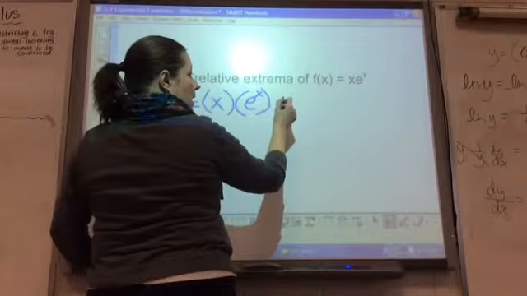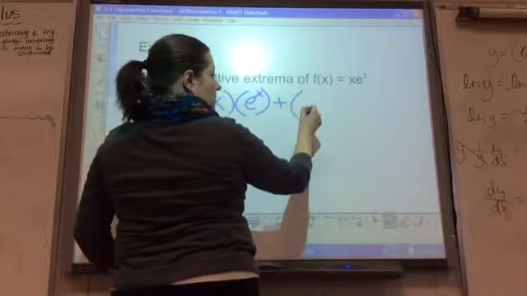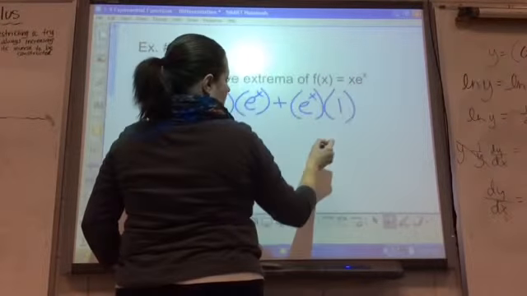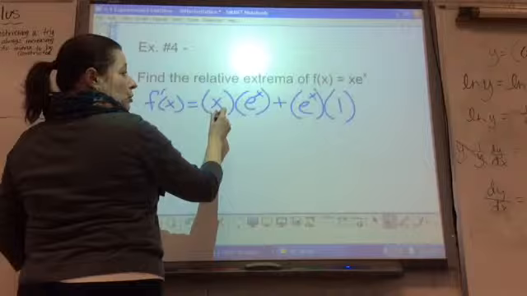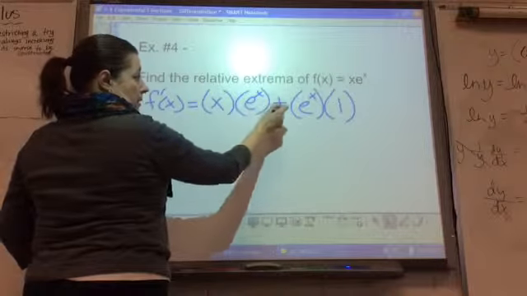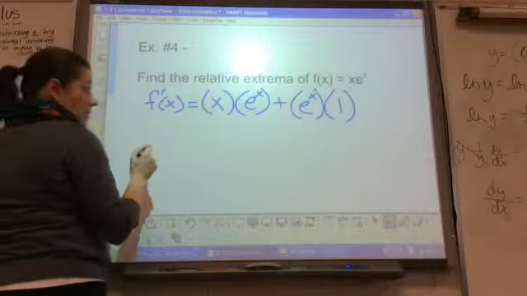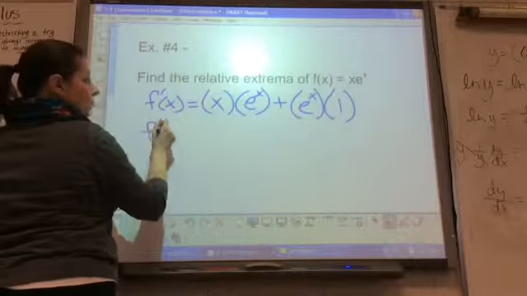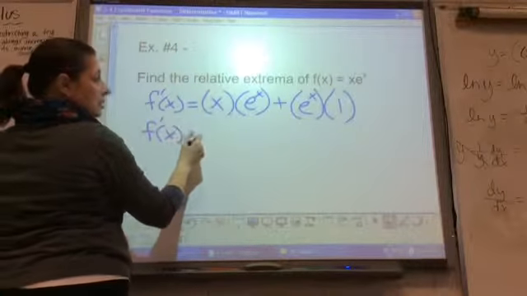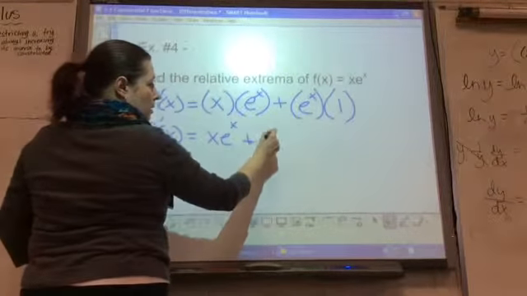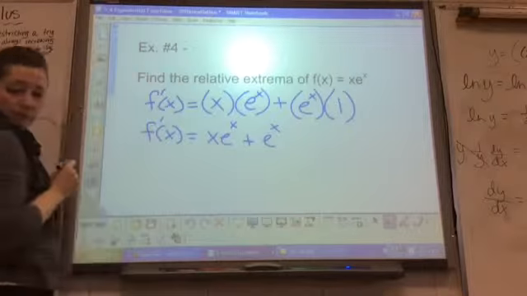First derivative second plus second derivative first. That works nice, that gave us an e to the x. So really, we've got x times e to the x plus e to the x.